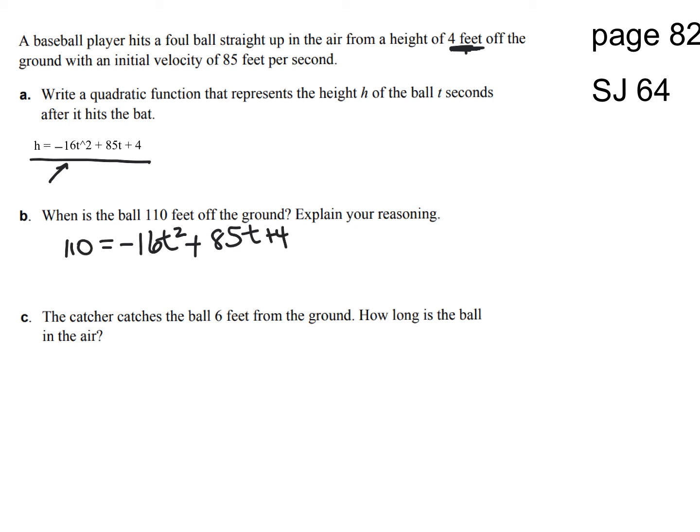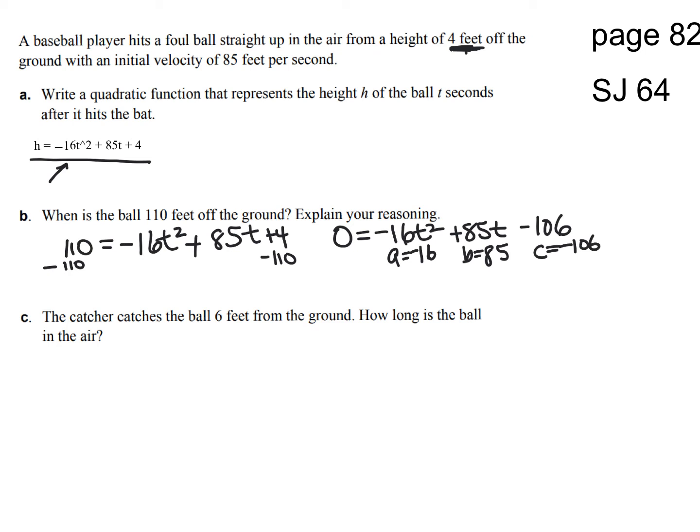So we'll make it equal 0. 0 equals negative 16t squared plus 85t minus 106. A is negative 16, B is 85, C is negative 106.